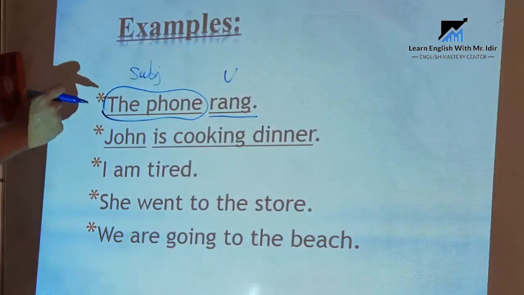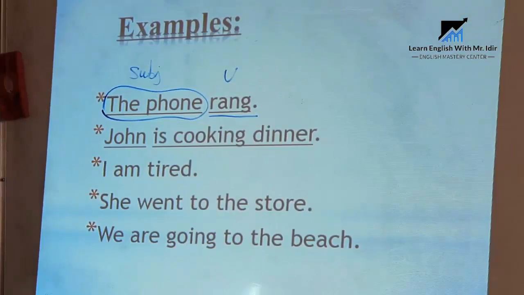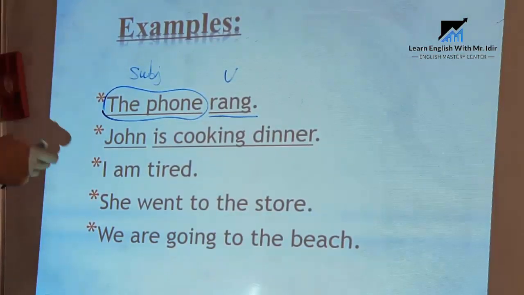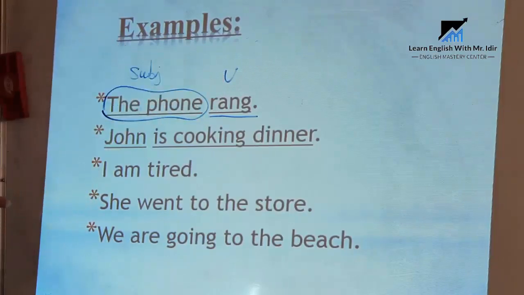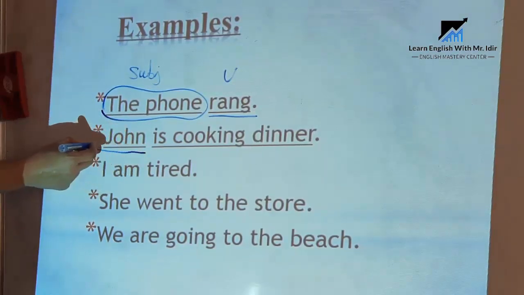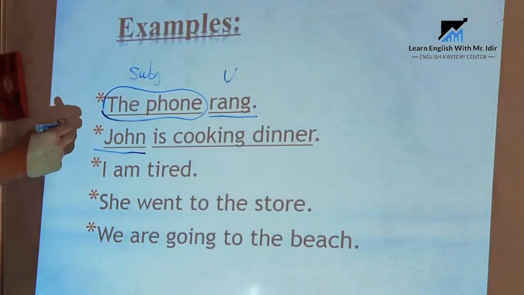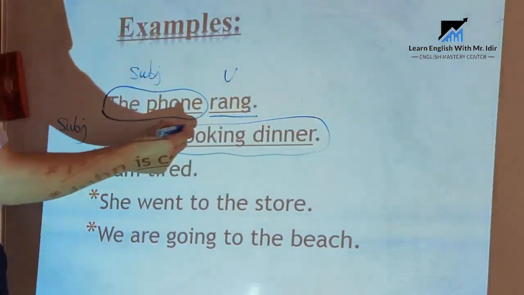This is the shortest sentence you can find in English, composed of a subject and a verb. The second sentence: John is cooking dinner. John is our subject, and the rest is our predicate.